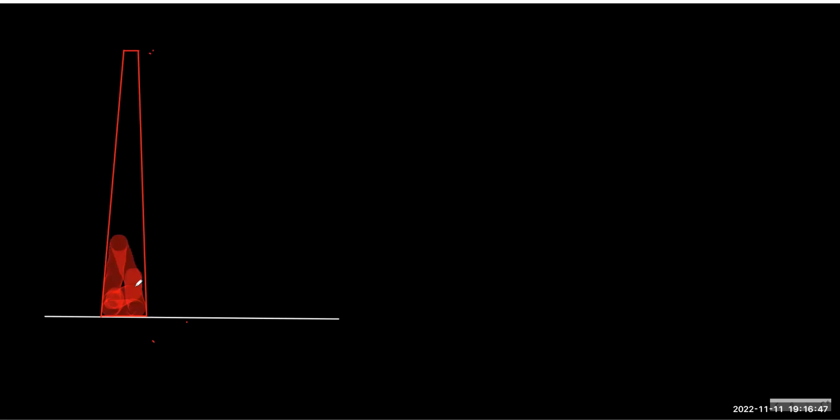So now we have a tower. So now this is a tower and you drop something.